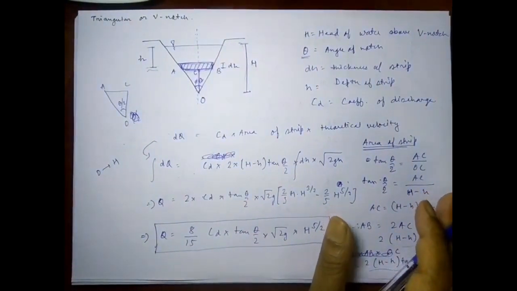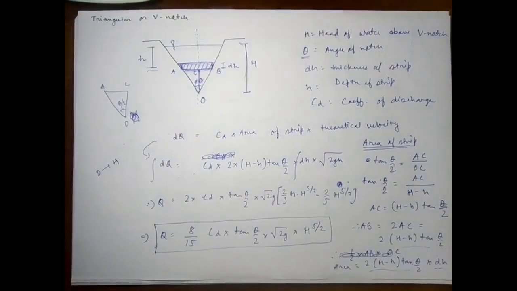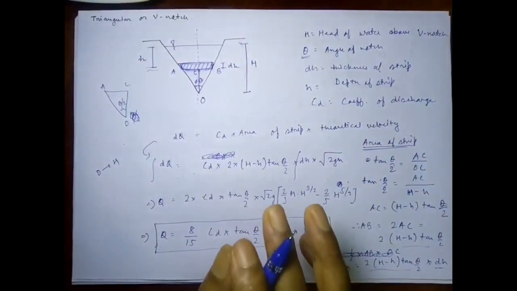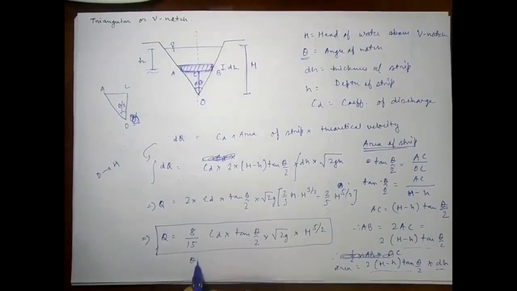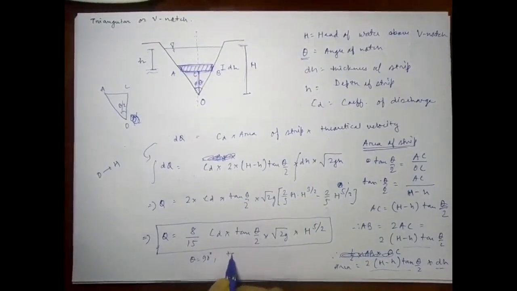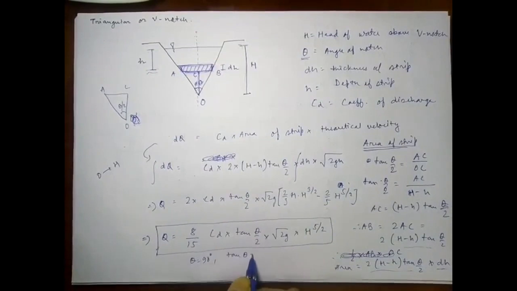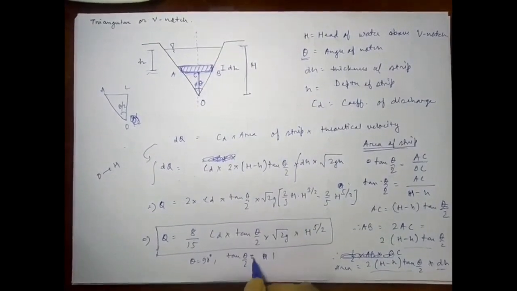And for a right angle V notch, CD is taken as 0.6 and theta is equal to 90 degrees, and therefore tan theta by 2 will be equal to 1, because theta by 2 will be equal to 45 degrees.